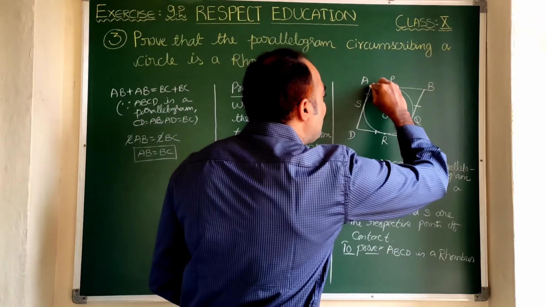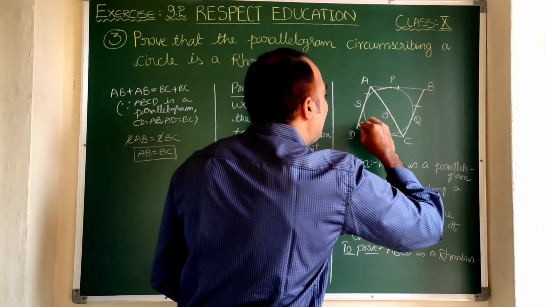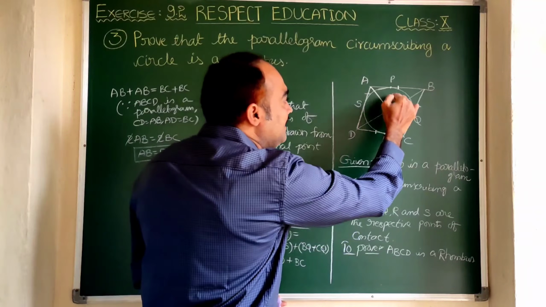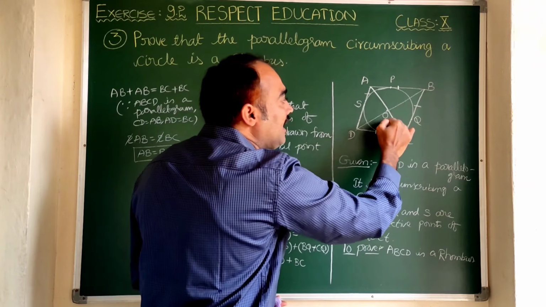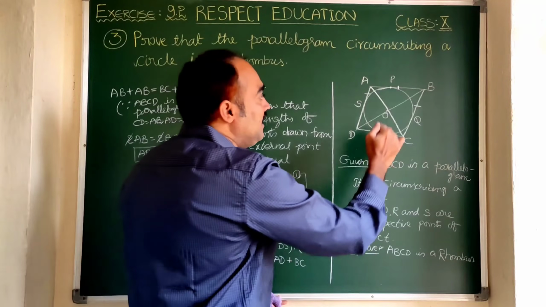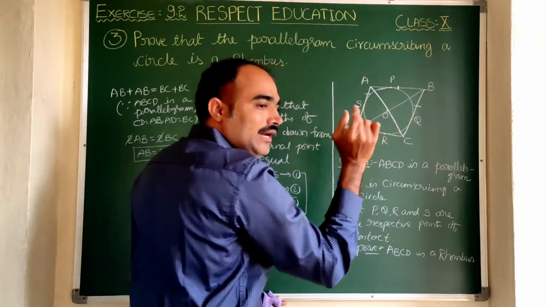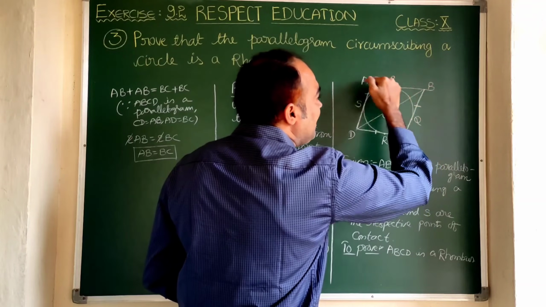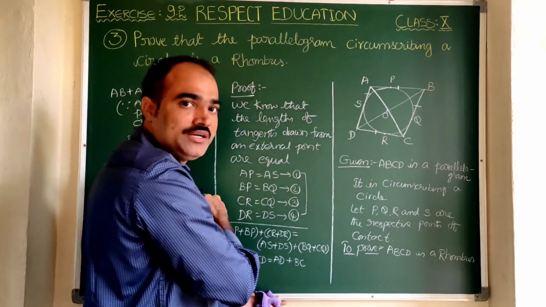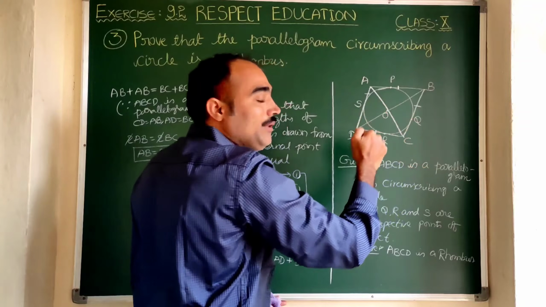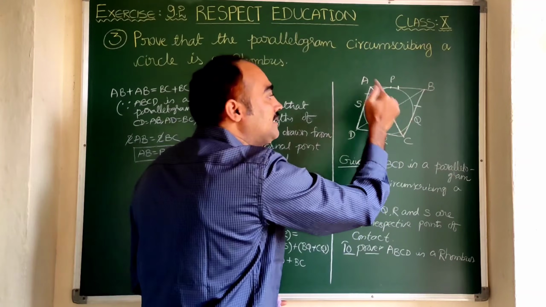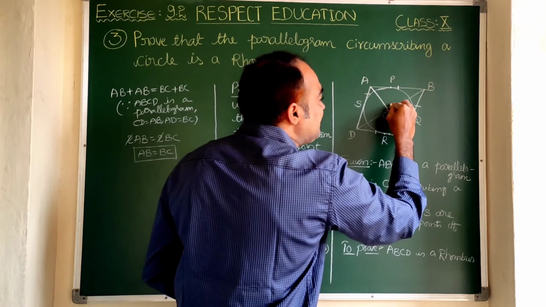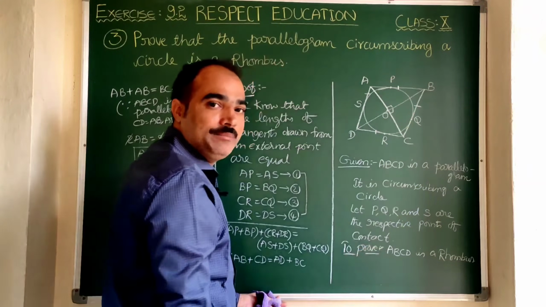And when you join AC and also BD, then as you know, there are four congruent triangles. Just orally I am saying, if we consider these two, OB is the common side, AB is equal to BC, just now we got it, and AO is equal to OC because in a parallelogram diagonals bisect each other. Since these two are congruent, this angle and this angle both are equal by CPCT.